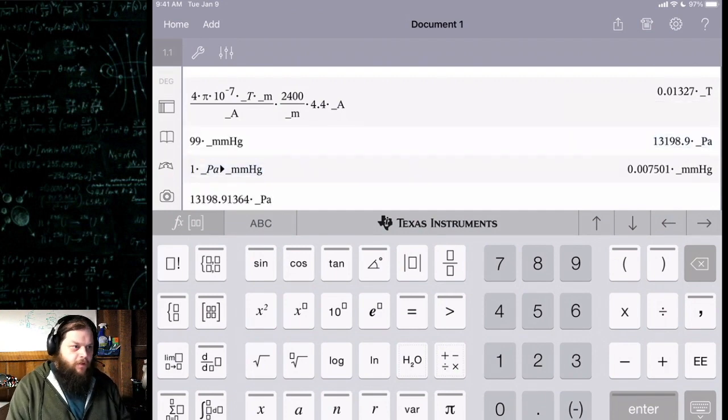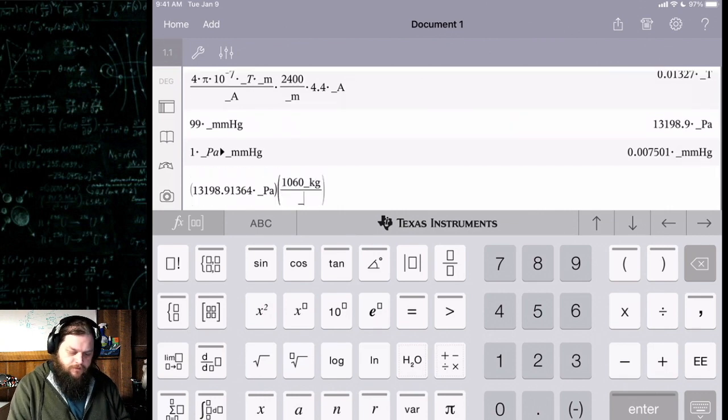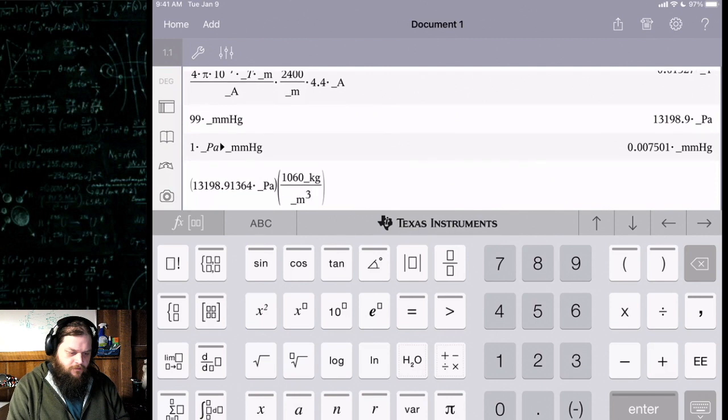So we have our pressure plus the density times gravity times delta H, that's 1.5 meters.